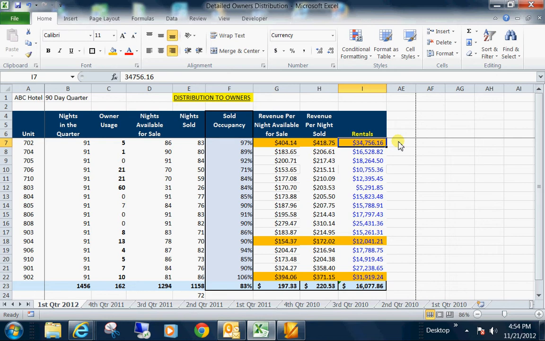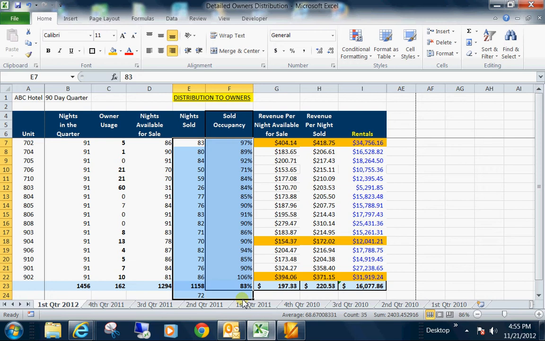What many hotel programs incorrectly do in calculating distributions evenly is, you can see in this case, I am highlighting 2 columns, nights sold and sold occupancy. The average nights sold were 72. The average occupancy percentage was 83%.